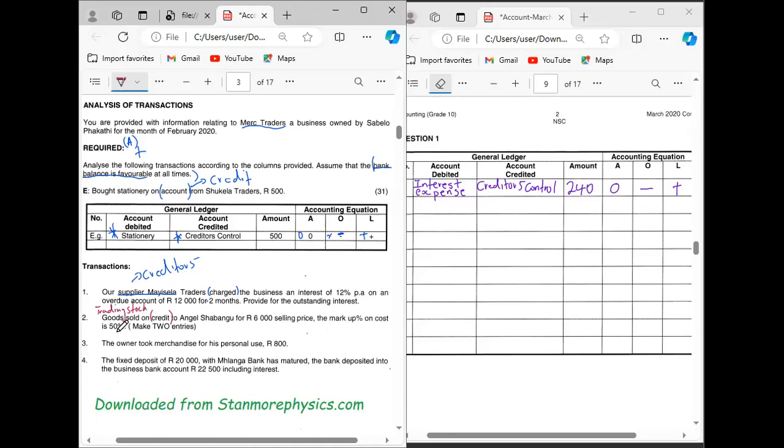Meaning we sold our trading stock on credit to Angel Shabangu for 6,000. It's a selling price. They gave us a selling price of 6,000, and then the markup percentage on cost is 50%. Make 2 entries.